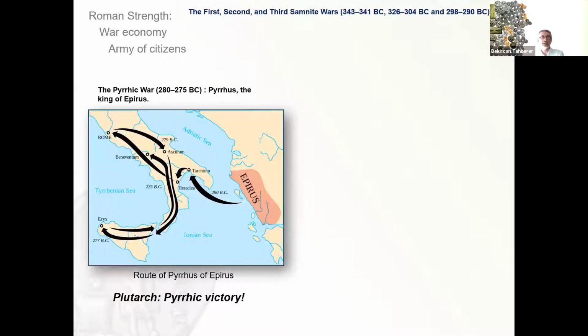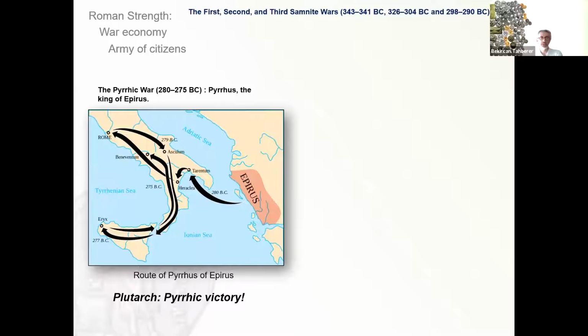Then the Pyrrhic War. Pyrrhus of Epirus came to help Tarentum at their invitation, because the Romans wanted to expand to the south.